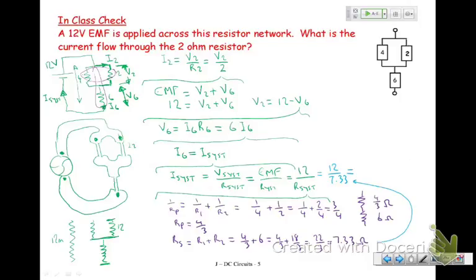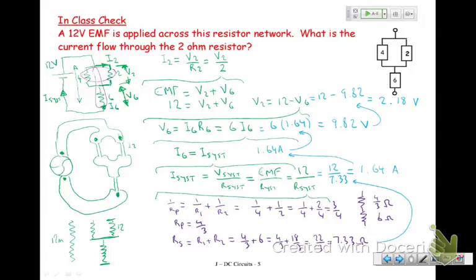So this equals 1.64 amps, which means that this is 6 times 1.64, which equals 9.82 volts, which means that this equals 12 minus 9.82, which equals 2.18 volts.